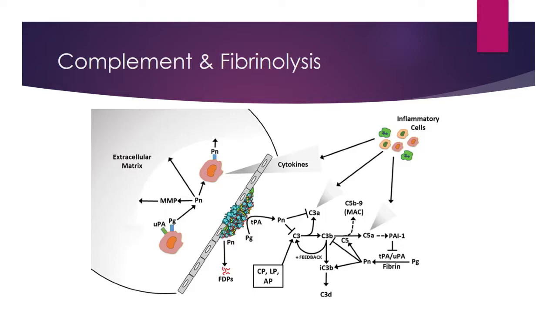And then there are interactions of complement and fibrinolysis, which is mediated through generation of plasmin. So when a clot gets formed and you have incorporation of plasminogen into the clot, and tissue plasminogen activator, tPA, released from endothelial cells converts the plasminogen to plasmin. And plasmin actually acts on C3 convertase to release C3a or C3b.